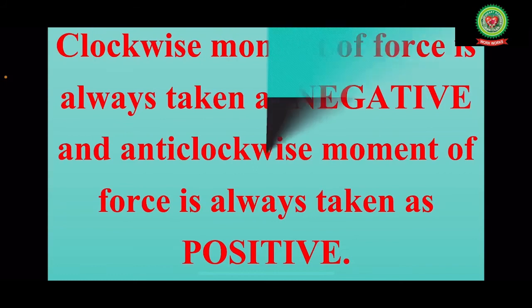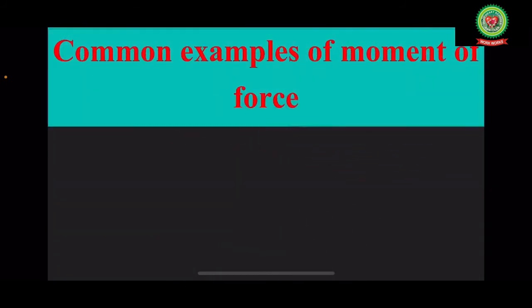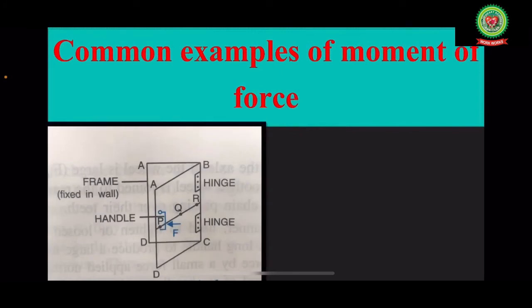Now let us discuss some common examples of moment of force. The first example is example of a door. The handle of a door is always provided at its free end. This is the free end of the door and these are the hinges.